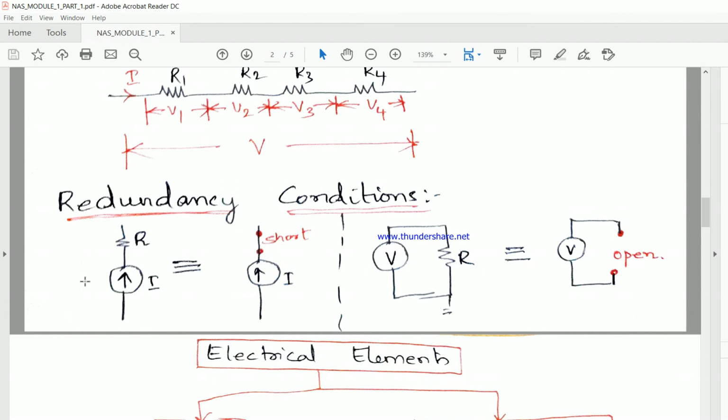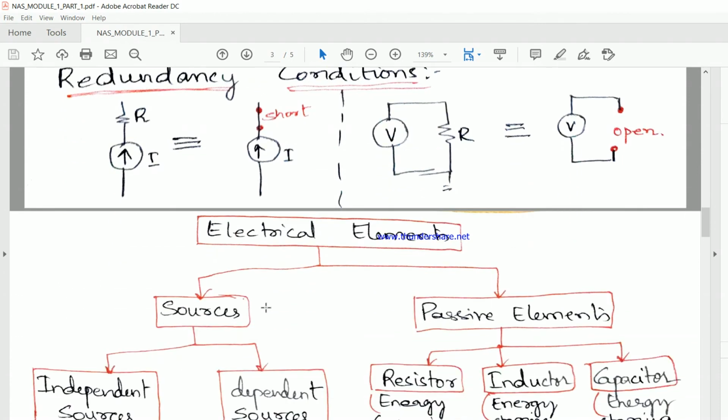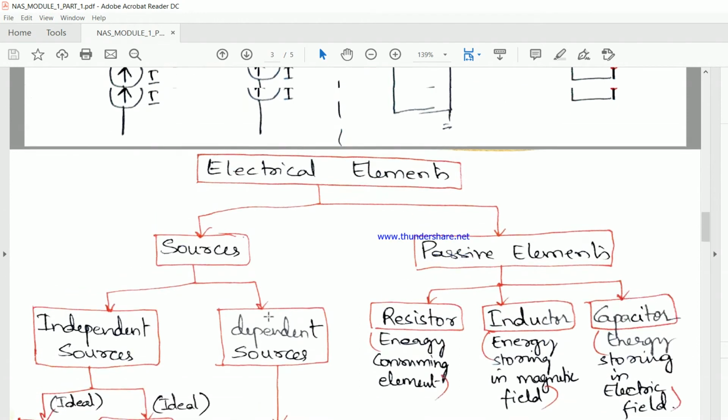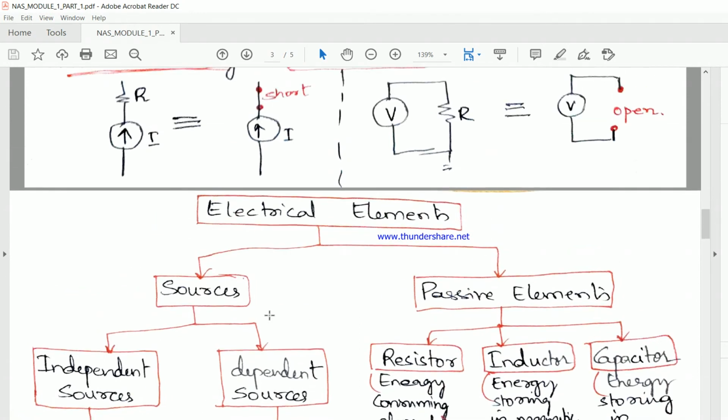Okay, now we will get into the practical sources that are available in the electrical network. First, we'll see this particular flow diagram. Electrical elements are of two types. We have two types of elements in an electrical network. One is the sources, the other is passive elements.